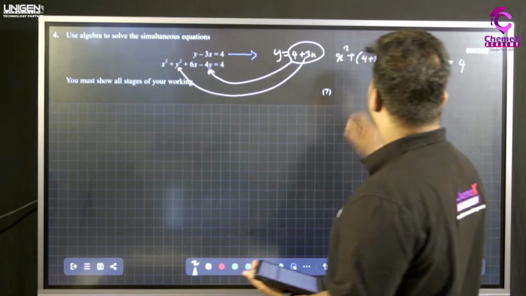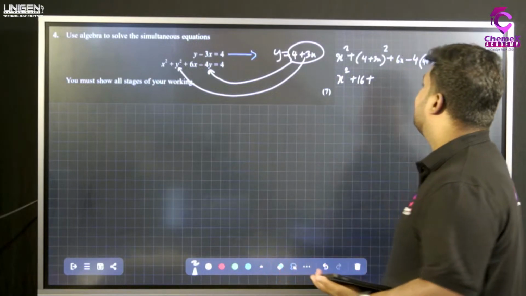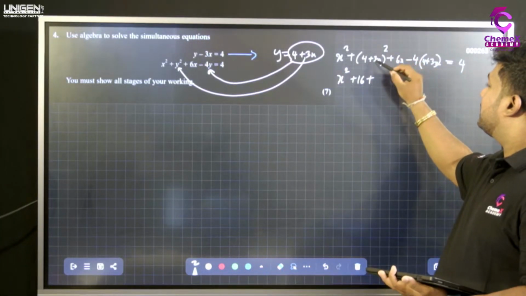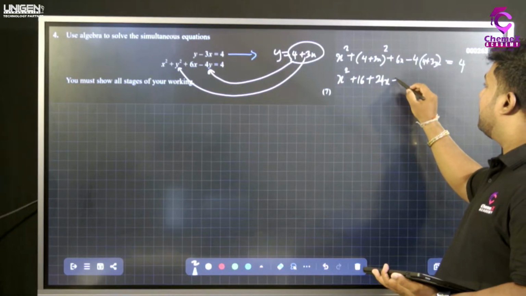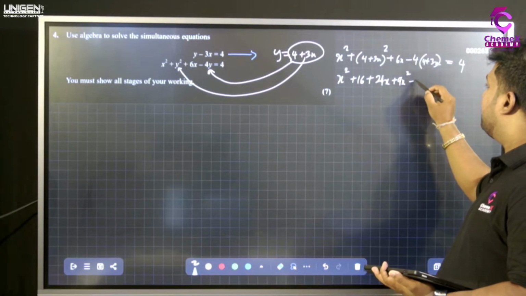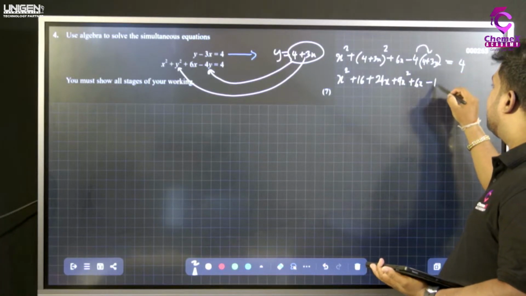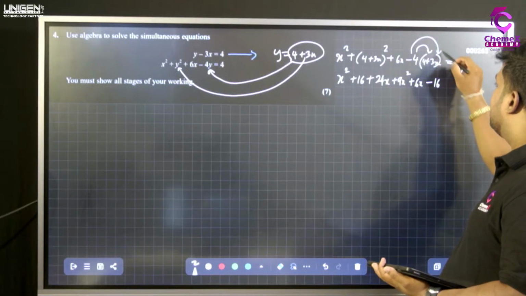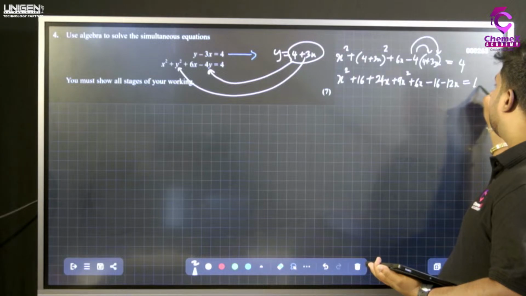Okay, then x squared plus 16 plus 24x plus 9x squared plus 6x minus 16 minus 12x equals 4.